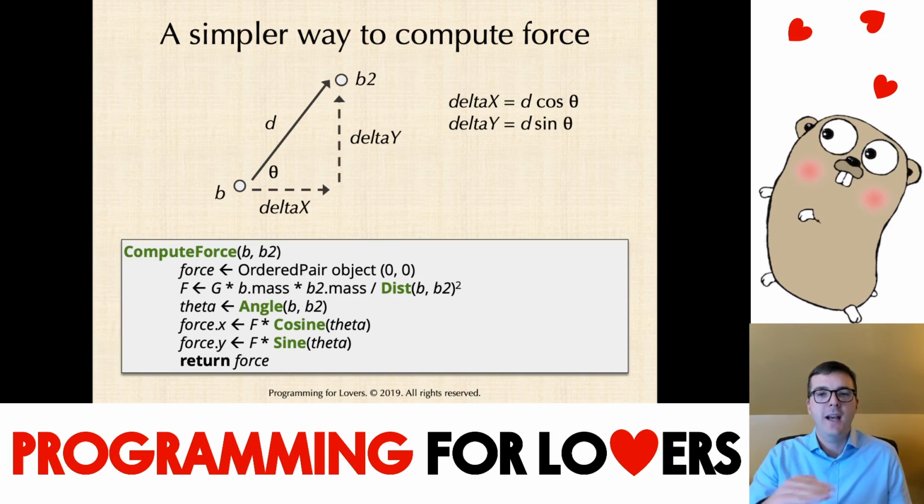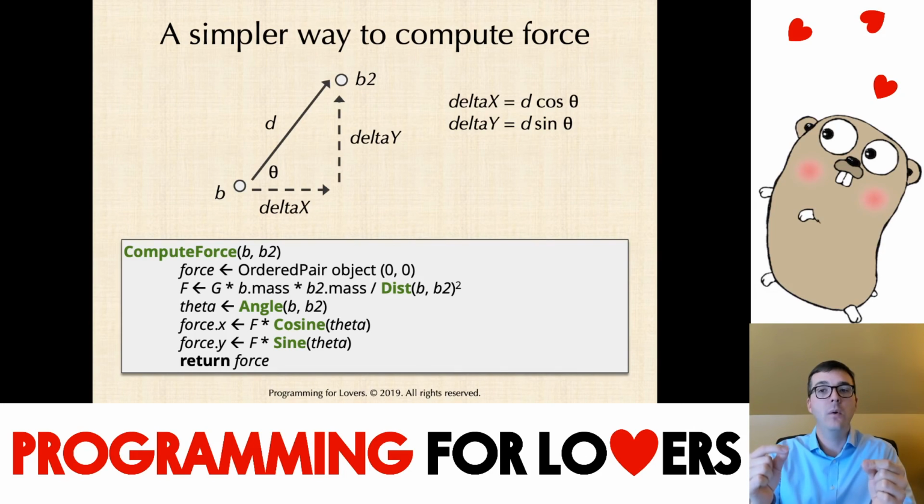And so note that delta x will be actually quite straightforward to compute. Delta x is just the difference in the x values, which we'll know. If I know b2, I know its position, I know the position of b, so I can just subtract b2.position.x minus b.x, and that will give me delta x. I do the same thing for the y coordinates, and I'll get delta y.